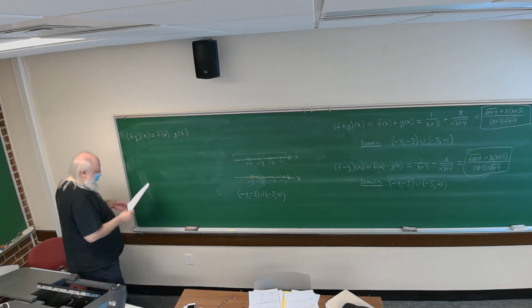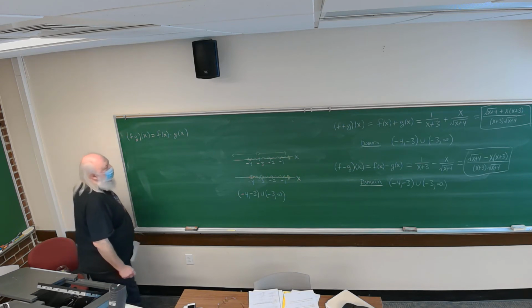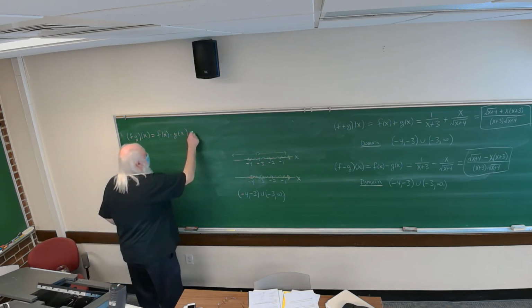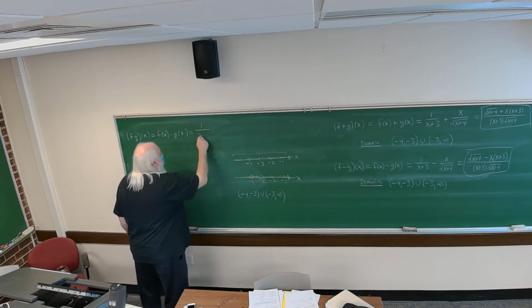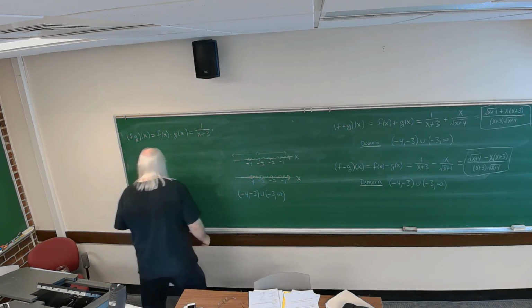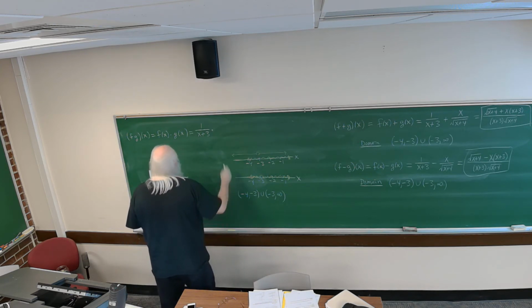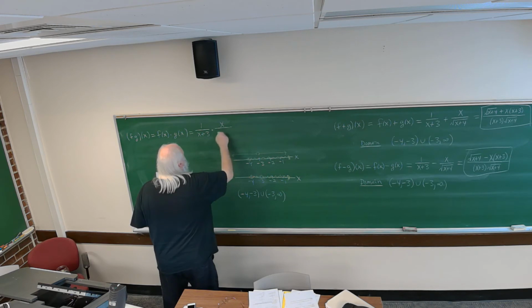All right. So now f of x is equal to 1 over x plus 3, and g of x is x over the square root of x plus 4.